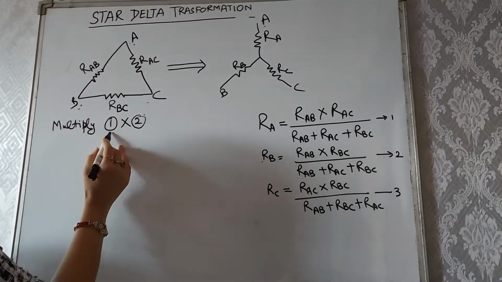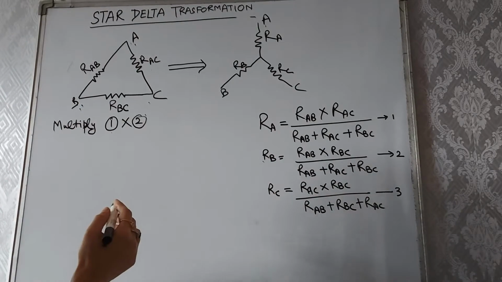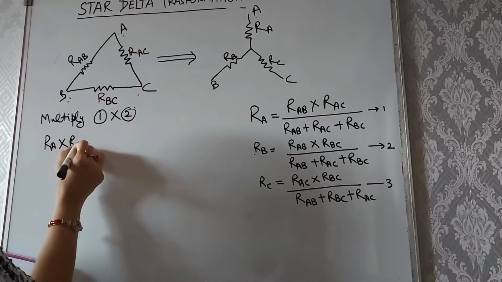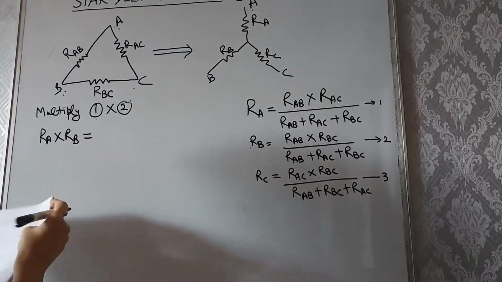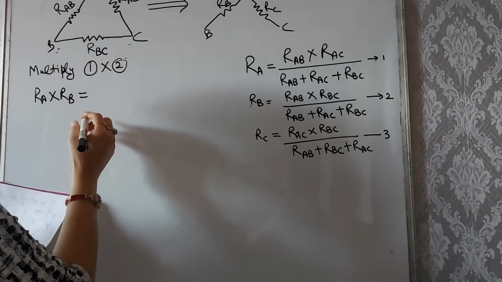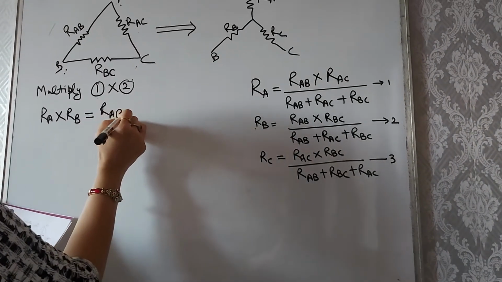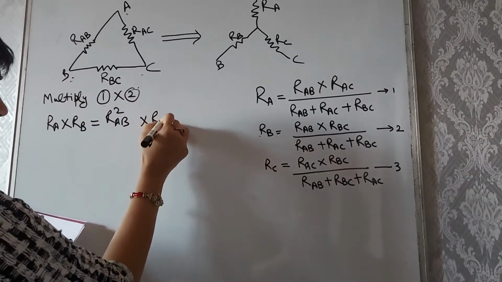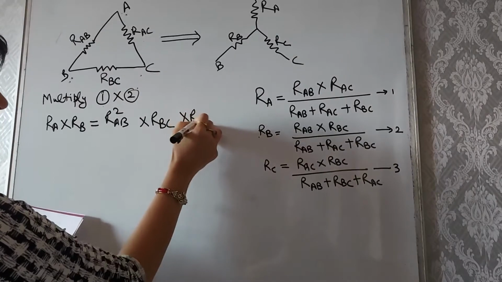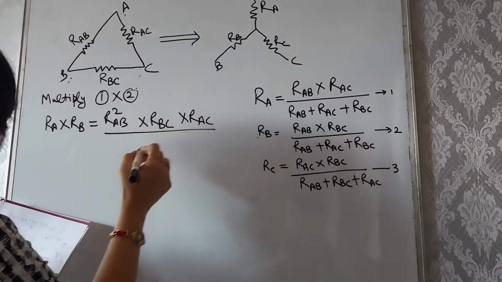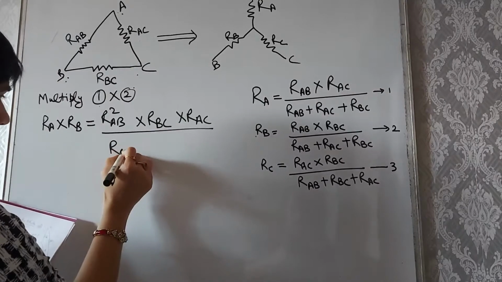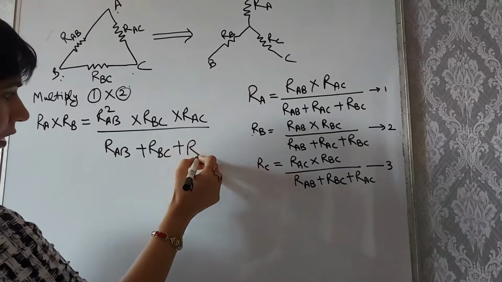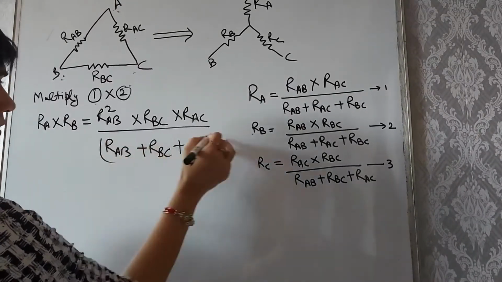So from these 3 equations we find the proof of star to delta. Multiply equation 1 and 2. Then RA into RB is equal to RAB square into RBC into RAC upon RAB plus RBC plus RAC the square.